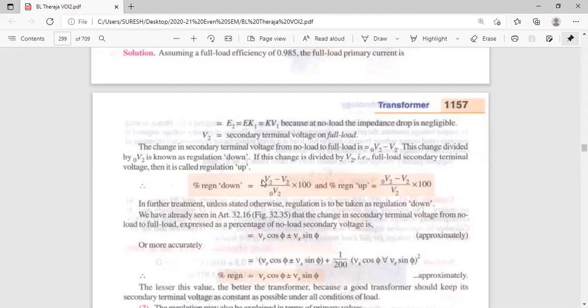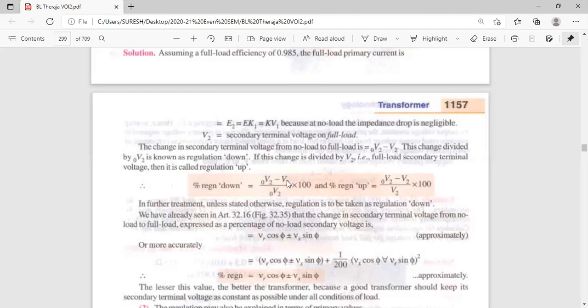Have you understood what is meant by no load and full load? Write down this note point. No load means the secondary winding is open circuited. In open circuit, you will have the full voltage. Whatever voltage we apply at the supply, V1, that is equal to the no load voltage.